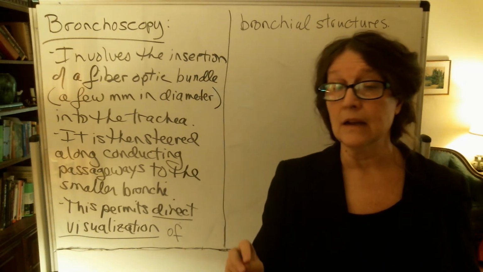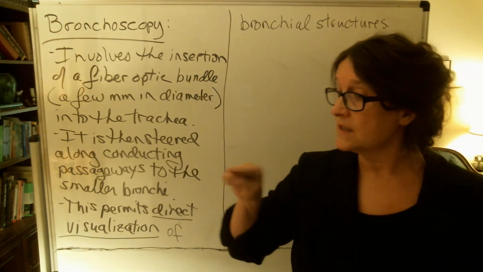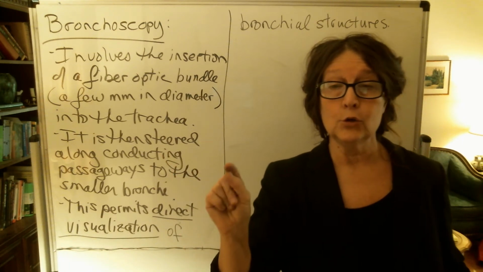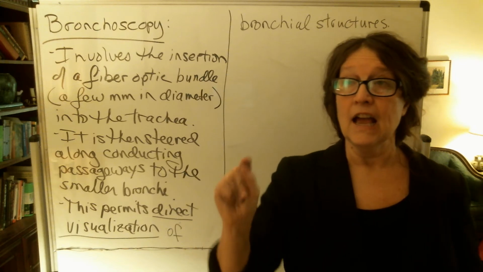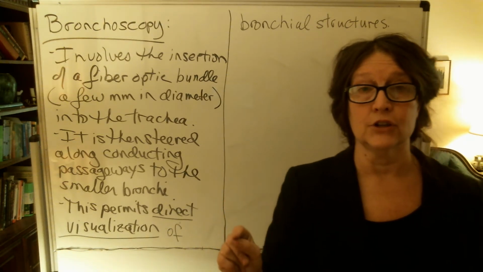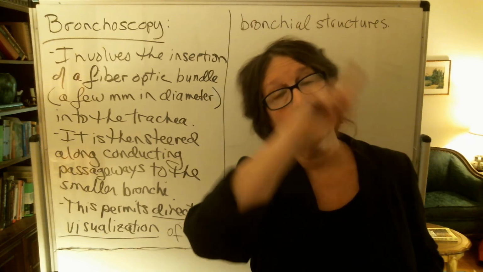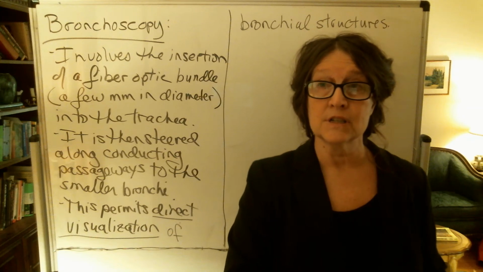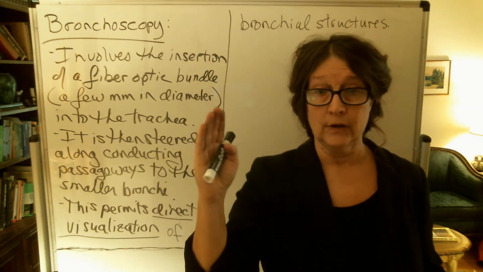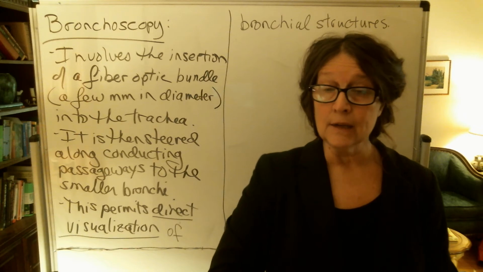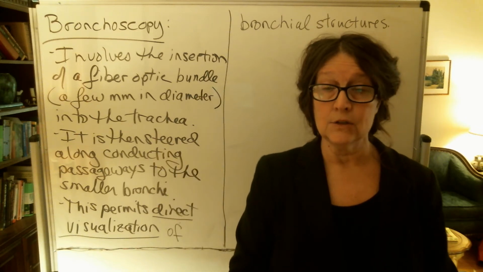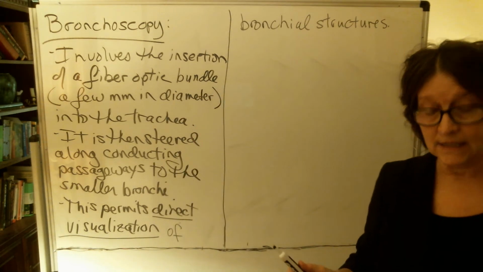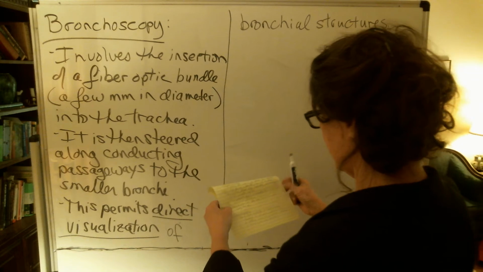So you steer this little camera along the bronchial tree until you get to that suspicious looking area, and you are watching this whole thing on television so that you can actually see the sides of the tube as this is going along. You get to this suspicious area and you can look at it very closely by way of the TV that the tiny camera is feeding into.